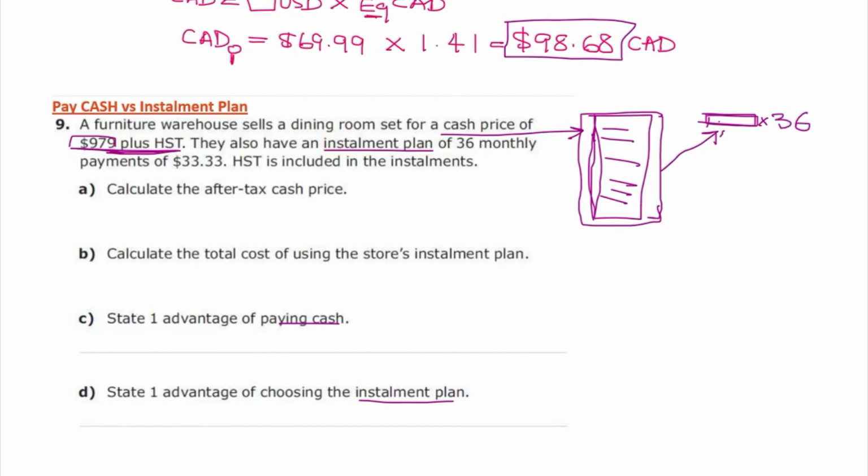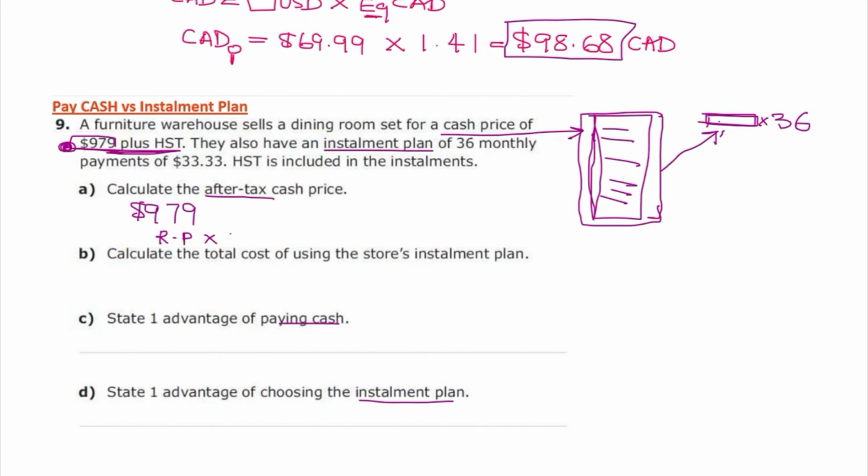Since we assume the HST is going to be included in this money here, which in this case is 979, the regular price, to calculate the after-tax cash price, since we assume this furniture warehouse is in Ontario, we have to multiply the regular price by what again?